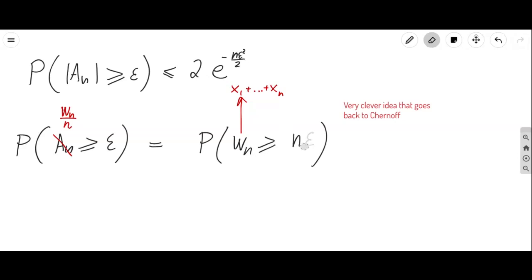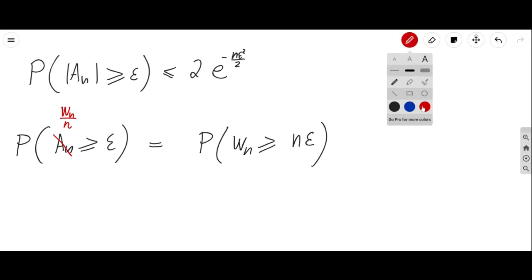So it's actually similar to the way we proved the law of large numbers. When we proved the weak law of large numbers, you probably recall that we squared both sides. When we proved the strong law of large numbers, we actually had to go to power 4 to get what we wanted. Here, we're going to take the exponent of both sides. But before we take the exponent of both sides, the idea that Chernoff had is to multiply through by a positive constant.